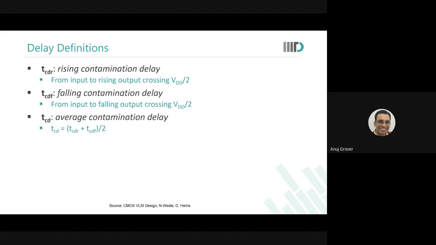Sir, I don't know if I'm right or wrong, but I think I studied it like we consider two cases when we consider delay, the best case scenario and the worst case scenario. The best case scenario we considered as contamination delay, and the name contamination is used because the same delay we are considering when we transfer the output to other gates.